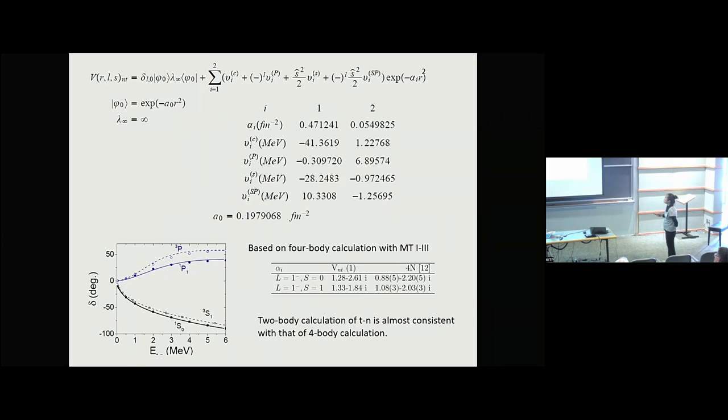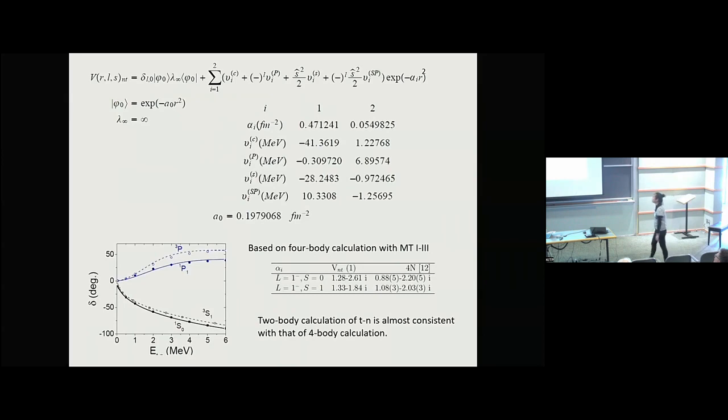The P wave is a little bit attractive, but due to the Pauli principle, the S wave is repulsive. This two-body potential calculation is compared with the four-body calculation like this. You can see that this two-body phase shift and resonance state is almost consistent with the four-body calculation.